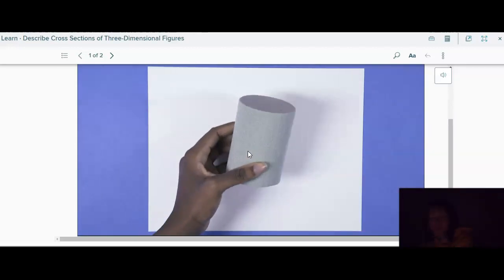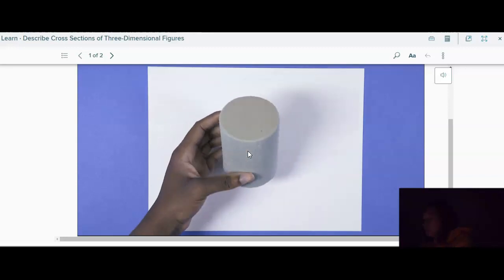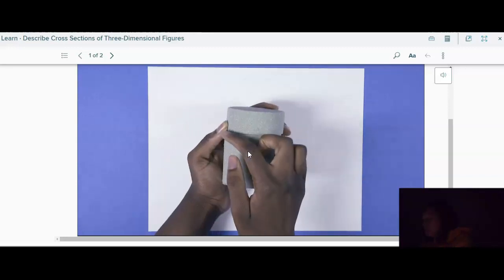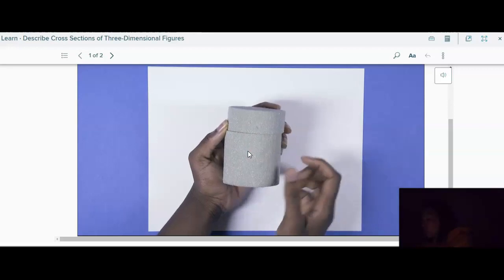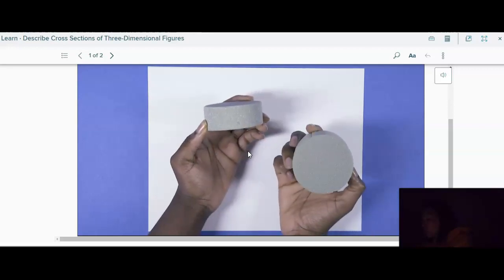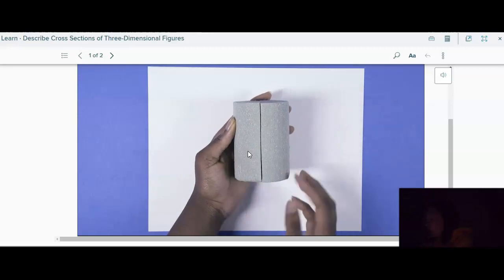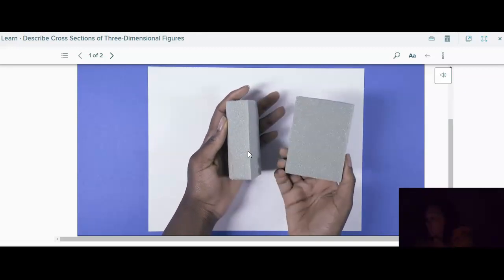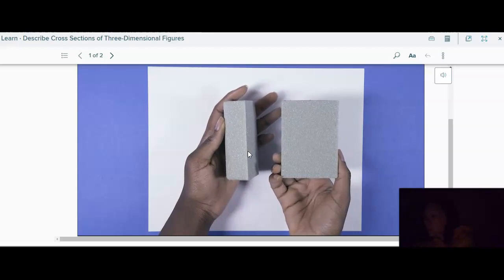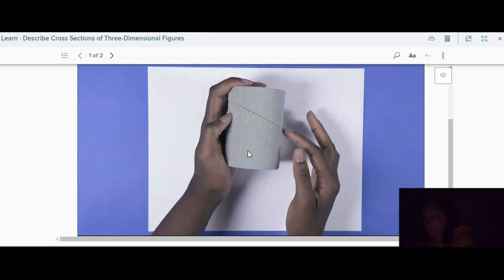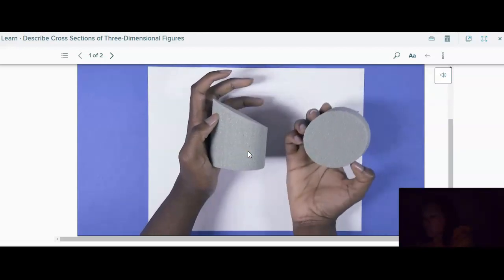Describe the two-dimensional shape resulting from a cross-section of a cylinder. Slice a cylinder horizontally. The result is a circle. Slice a cylinder vertically. The result is a rectangle. Slice a cylinder diagonally. The result is an oval.